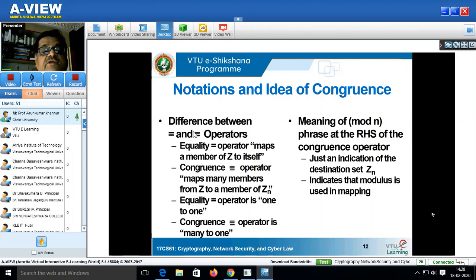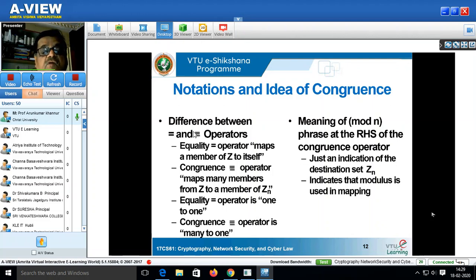Second and foremost difference between equality and congruence operators is that the equality operator is one-to-one. Means when we carry out the activities, the output we are going to get is unique based on the uniqueness of the 2 inputs we are considering.